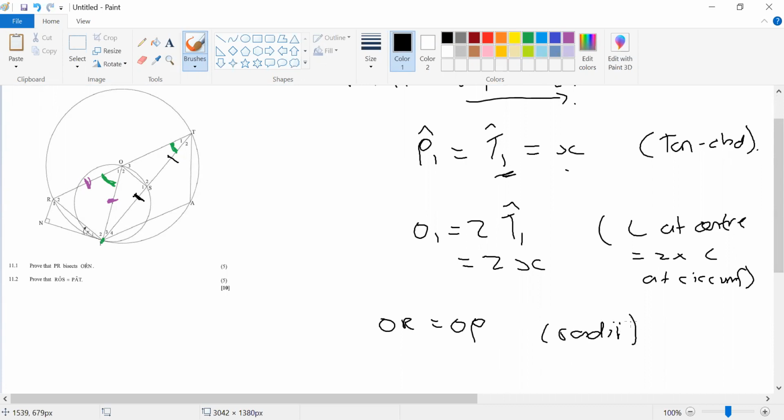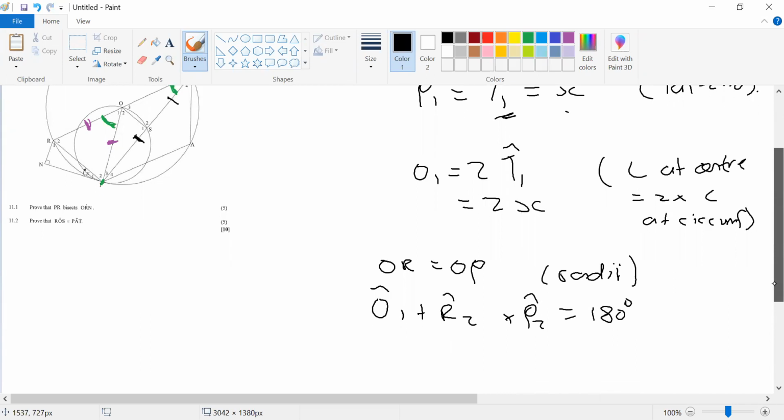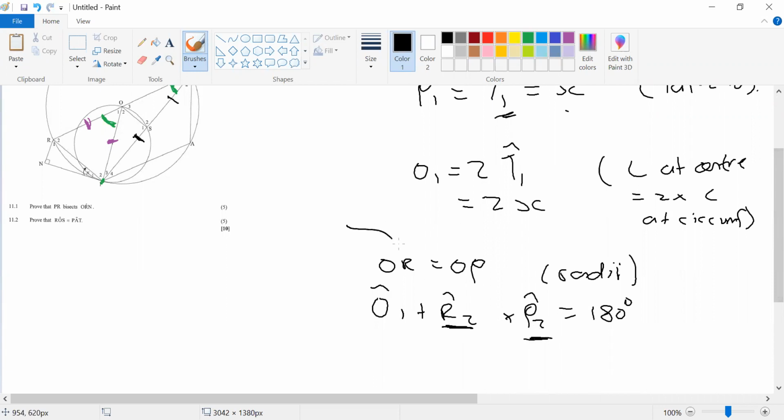And then from there, I can do a sum of angles in the triangle, which would state that O1 plus R2 plus P2 is equal to 180 degrees. And I'll start substituting for what I know. I already said that R2 is going to equal P2 because the opposite sides are equal. So angle R2 is equal to angle P2 because they are angles opposite equal sides.